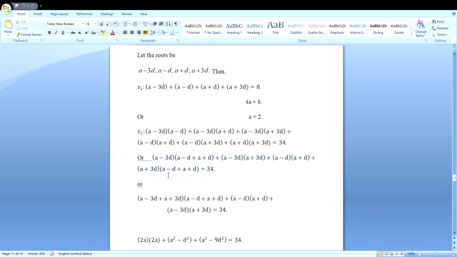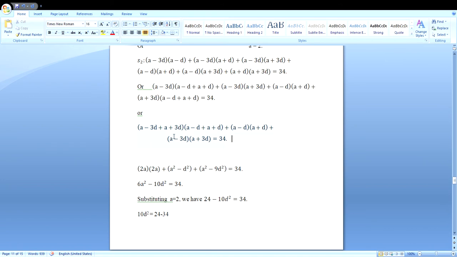Again simplifying, we can write A minus 3D plus A plus 3D from the first term and the last term, into A minus D plus A plus D, plus A minus D into A plus D, plus A minus 3D into A plus 3D. This is equal to 34.